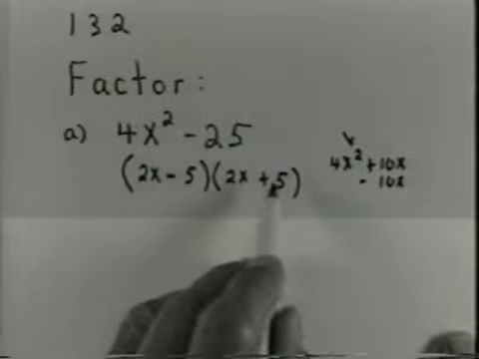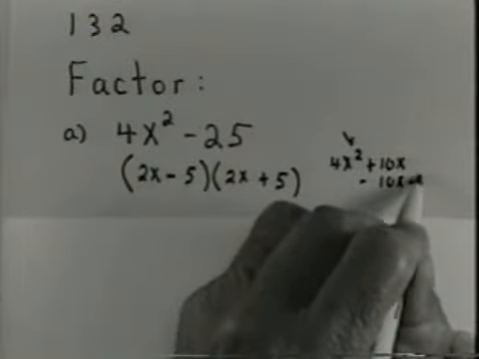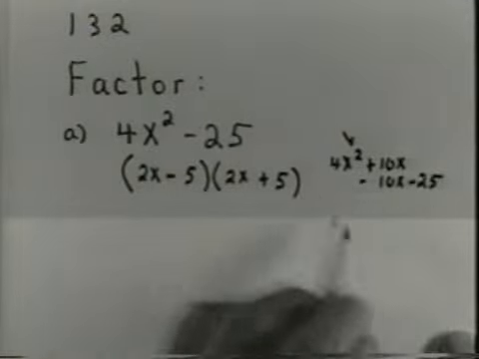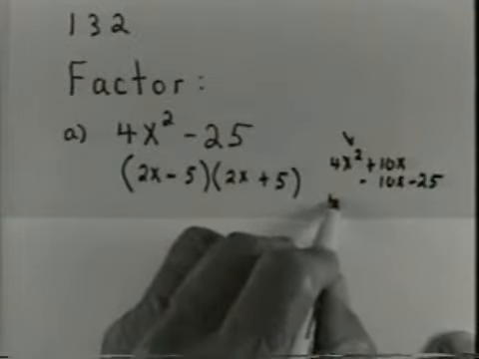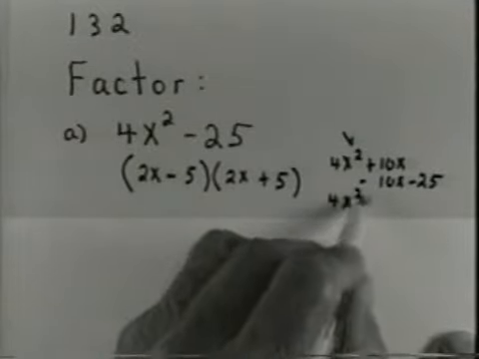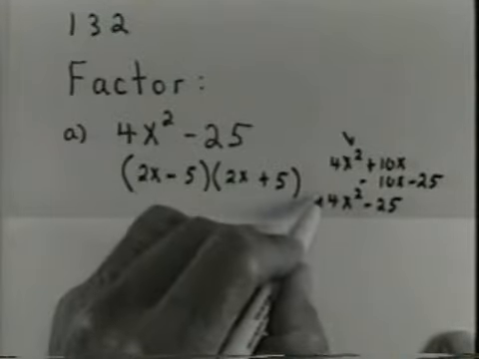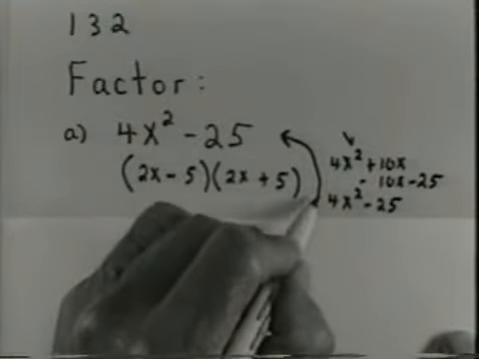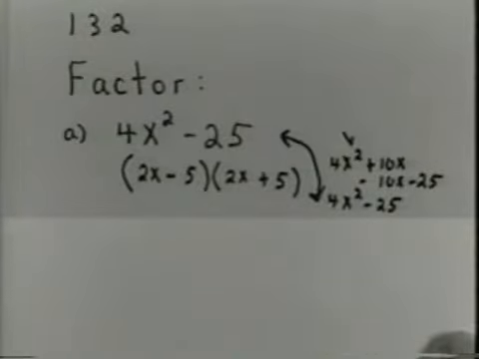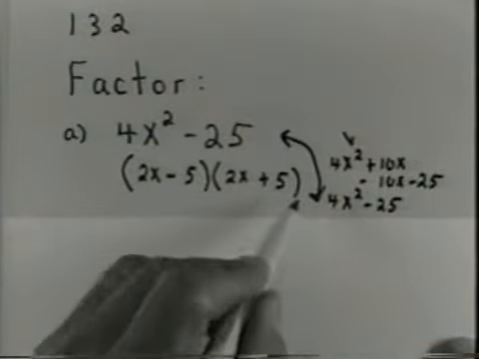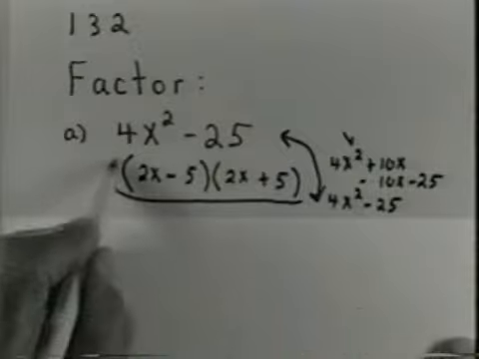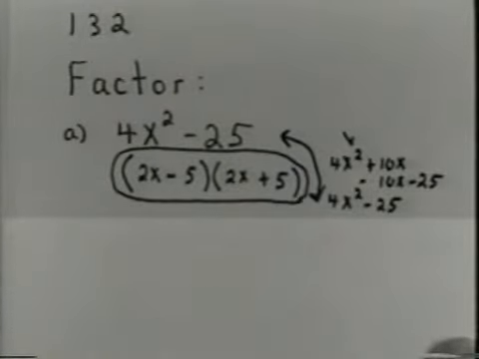A negative 5 times a positive 5 is a negative 25. So when I combine like terms, I would get 4x squared, the 10x is canceled, minus 25. And I can see that I factored correctly. But this would be the answer when I tell you to factor it.